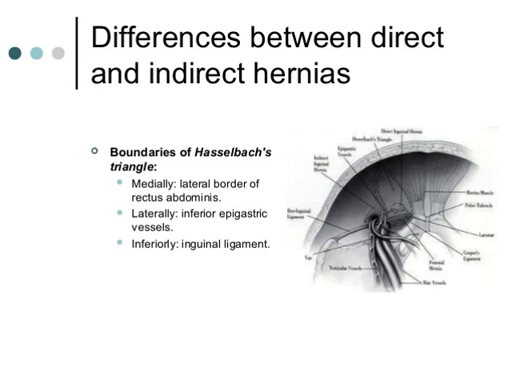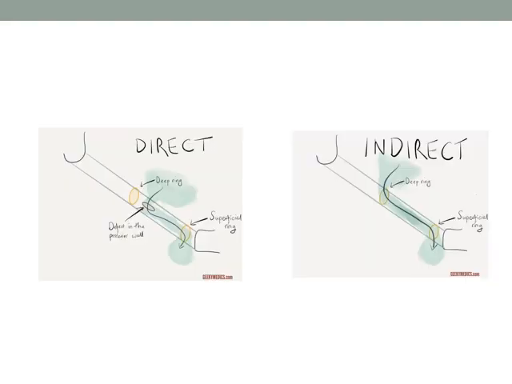Laterally are the inferior epigastric vessels, and inferiorly is the inguinal ligament. Again, if a hernia passes through this triangle, it is called a direct hernia. If a hernia passes through the internal ring, it is called an oblique inguinal hernia.